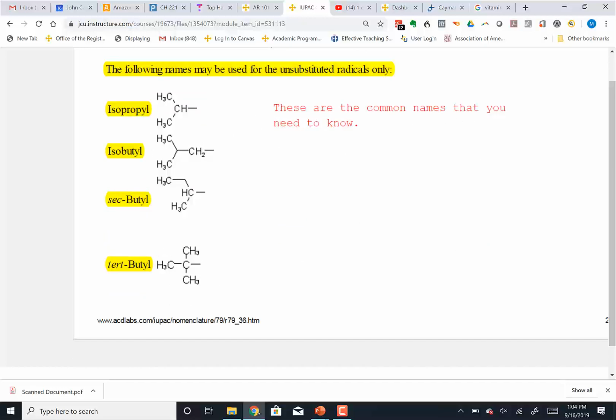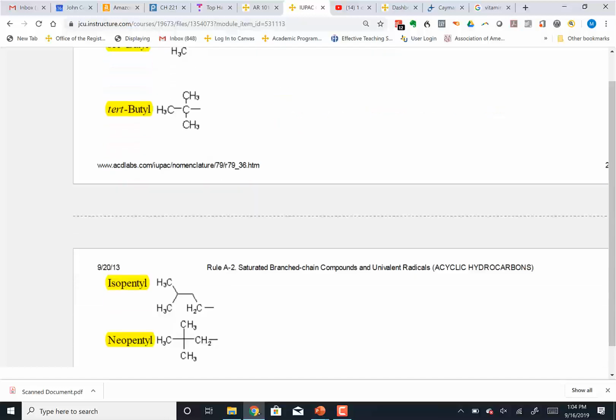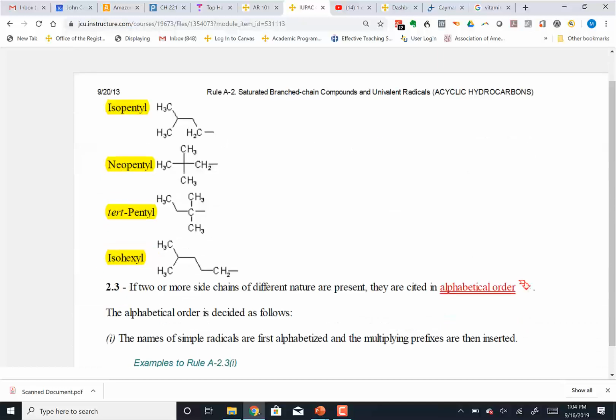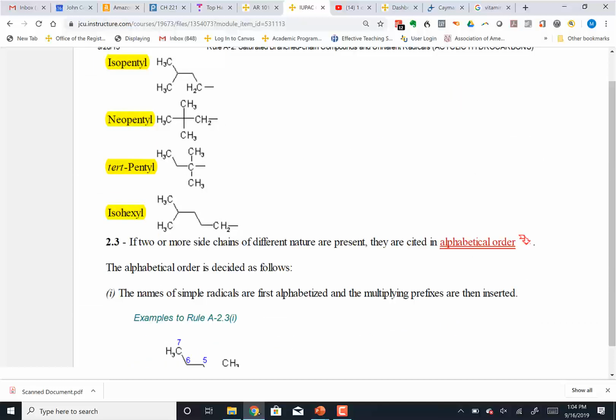So the following names may be used for unsubstituted radicals, which means alkyl groups. And so they've accepted isopropyl, isobutyl, sec-butyl, tert-butyl, isopentyl, neopentyl, tert-pentyl, and isohexyl as official IUPAC names.